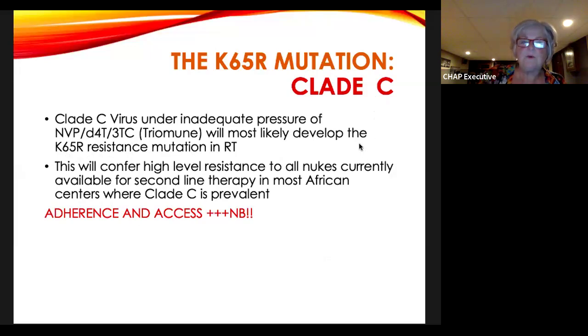So keep in mind that some earlier failures, or if you have somebody sitting in front of you from an endemic country that had triimmune back in the early 2000s, you may have to predict that this particular resistance mutation is part of your puzzle building, because that is likely the nucleoside analog mutation that would have developed in that particular failure. So I just threw that in here for interest's sake.